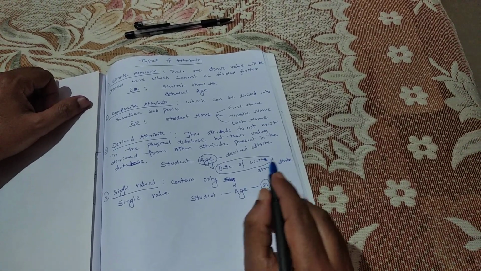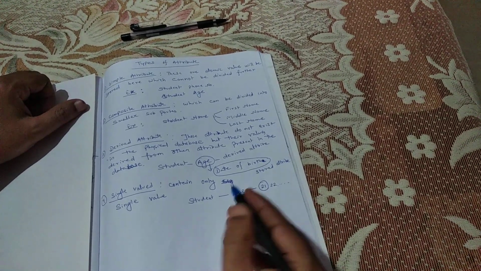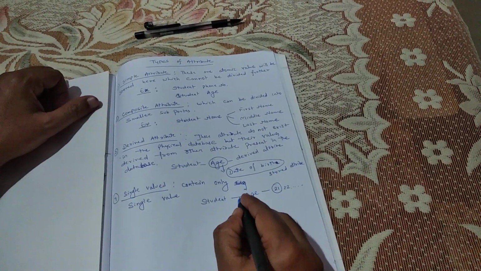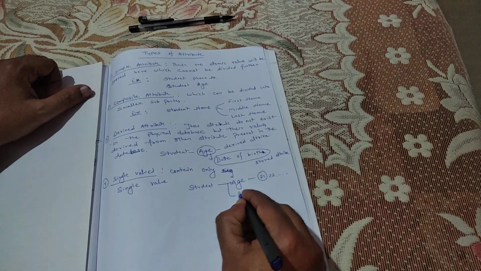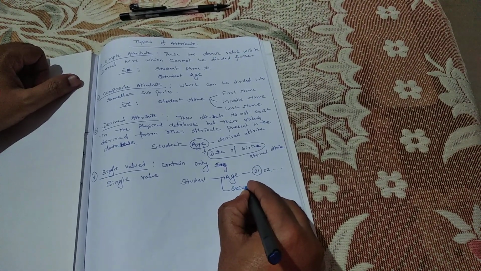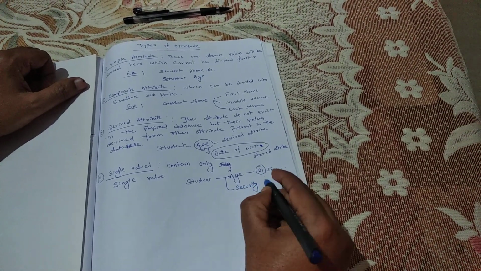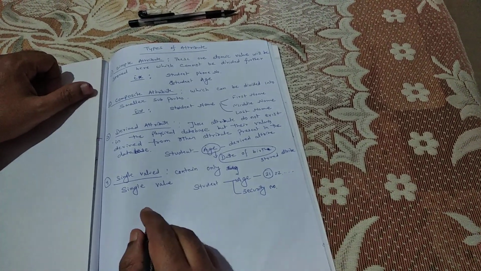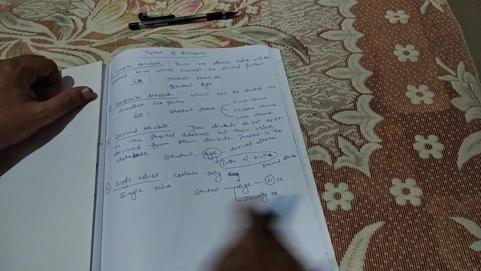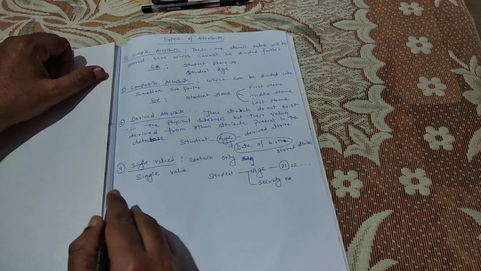Only one age will be there, so no other value is there. Another example is the security number. If any security number is there, it must be only one. So it is a single valued attribute.